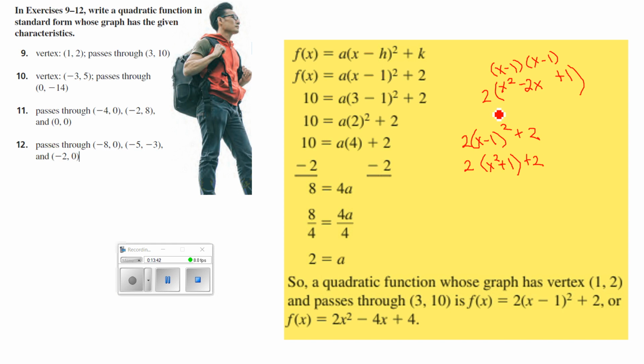Multiply 2 over here, and then remember we're adding 2 at the end over here. So that's going to give us 2x squared, and 2 times -2x is -4x, and then 2 times 1 is 2, and then we're adding 2.